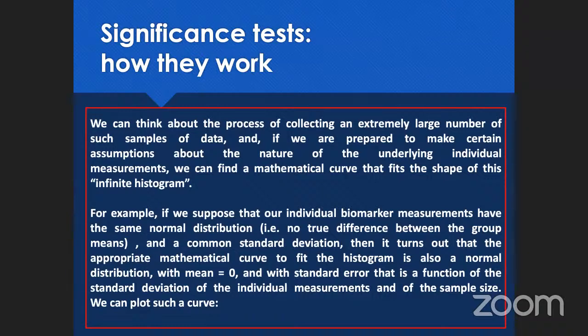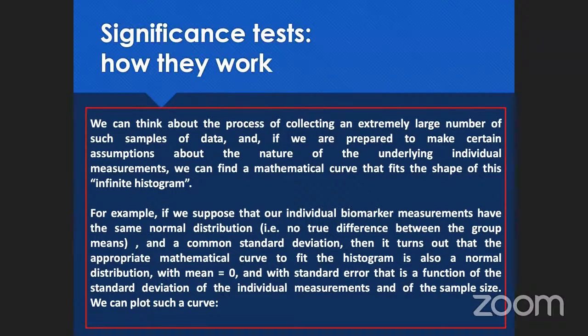Therefore, we can think about the process of collecting an extremely large number of such samples of data, and if we are prepared to make a certain assumption about the nature of the underlying individual measurements, then we can find a mathematical curve that will fit the shape of this infinite histogram.